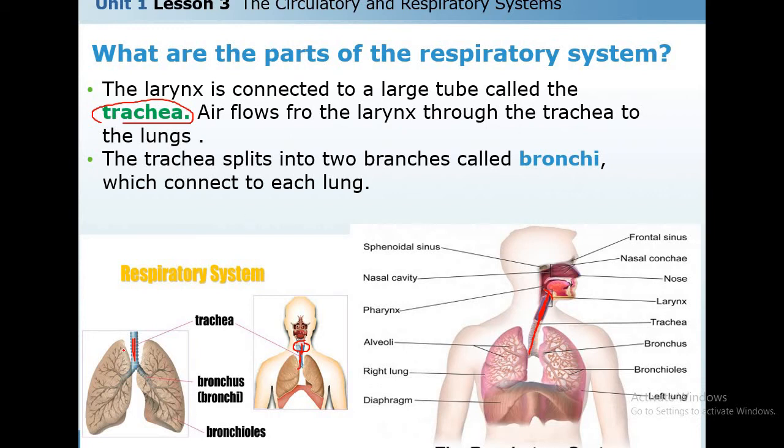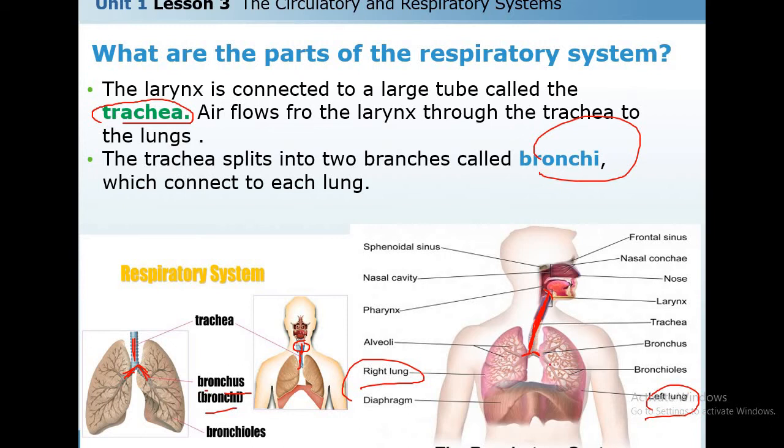The trachea splits into two branches, called bronchi, or bronchus. These two tubes connect to each lung, the left and right lung. This is called bronchi, and this is the trachea, a large tube.